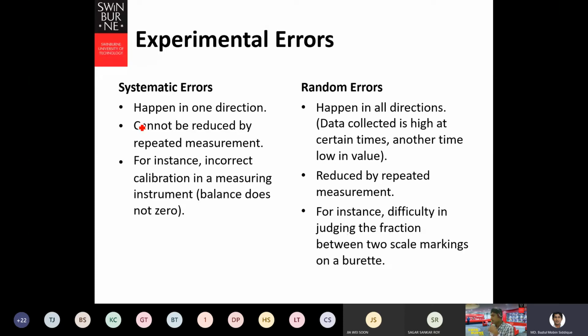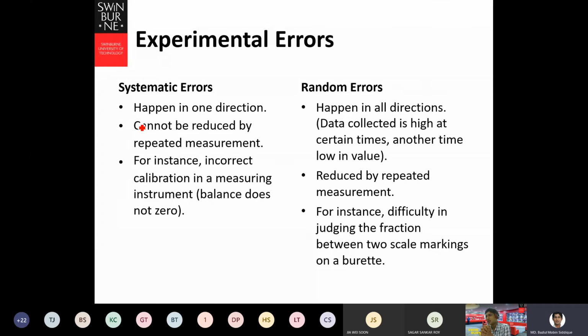Or you are taking the solution out by a pipette and you see that it is 10 milliliter, but when you take it again, you see that it is 9.8 milliliter. It's not exactly 10 milliliter. Or sometimes it looks like it is 10.05 milliliter. So it can happen more or less, in all directions.